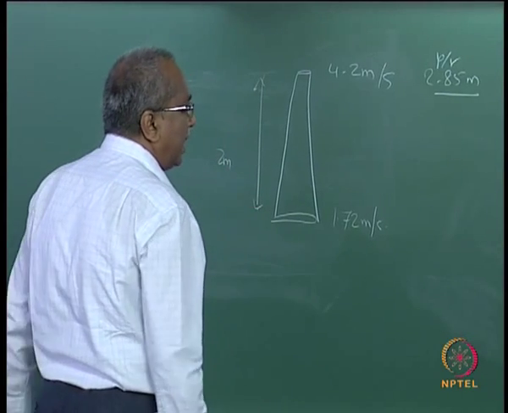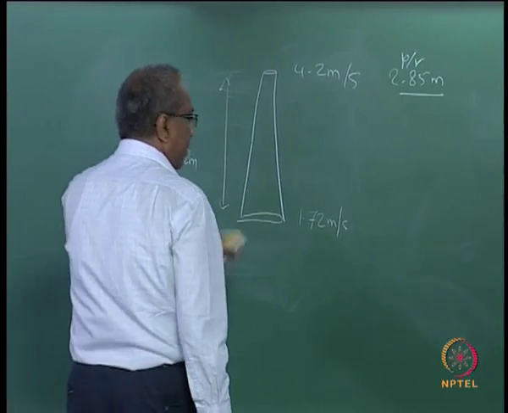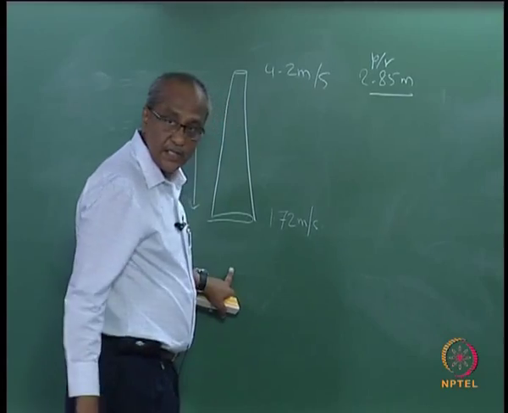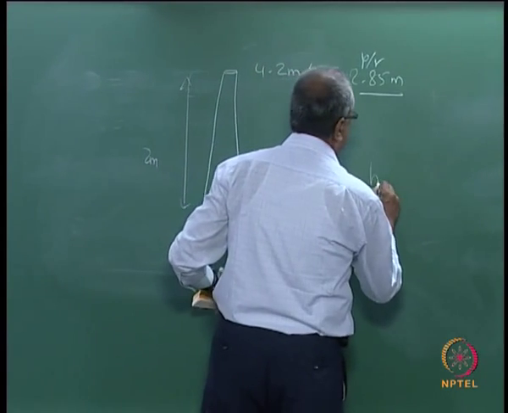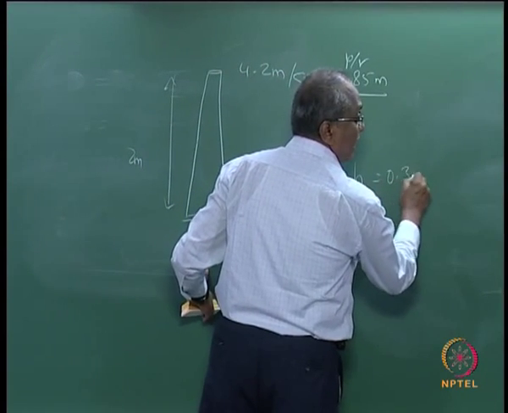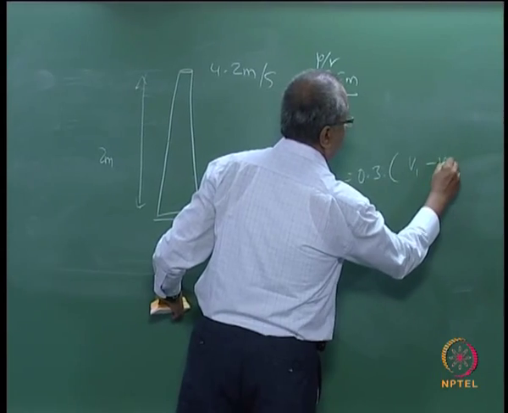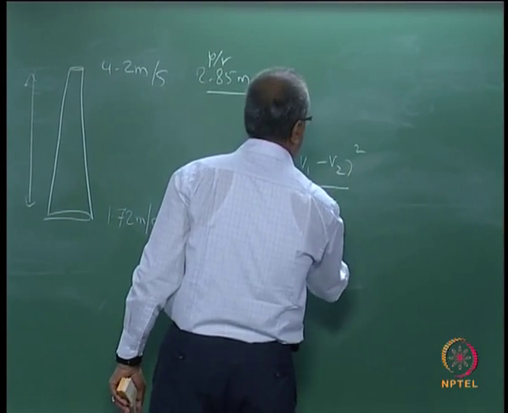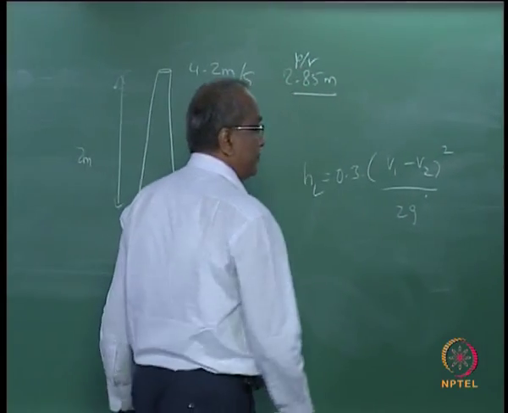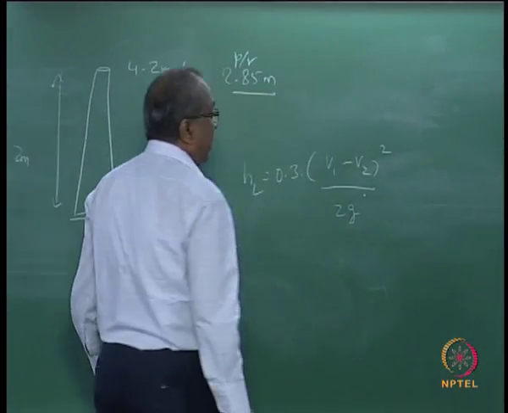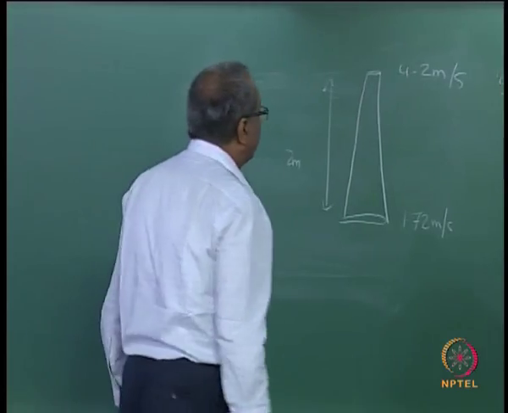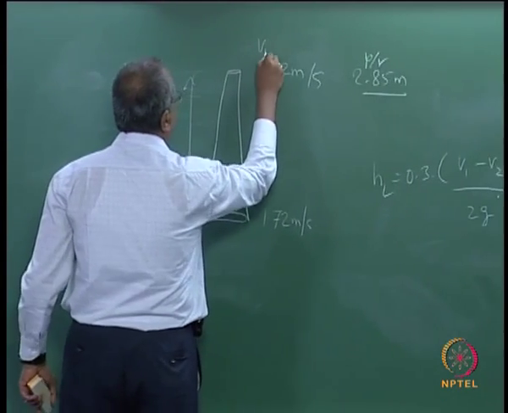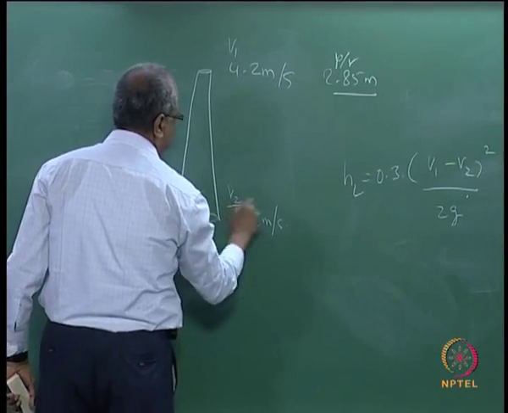Now the head loss is expressed as 0.3 into (V1 minus V2) whole square divided by 2g, where this will be V1 and this will be V2.